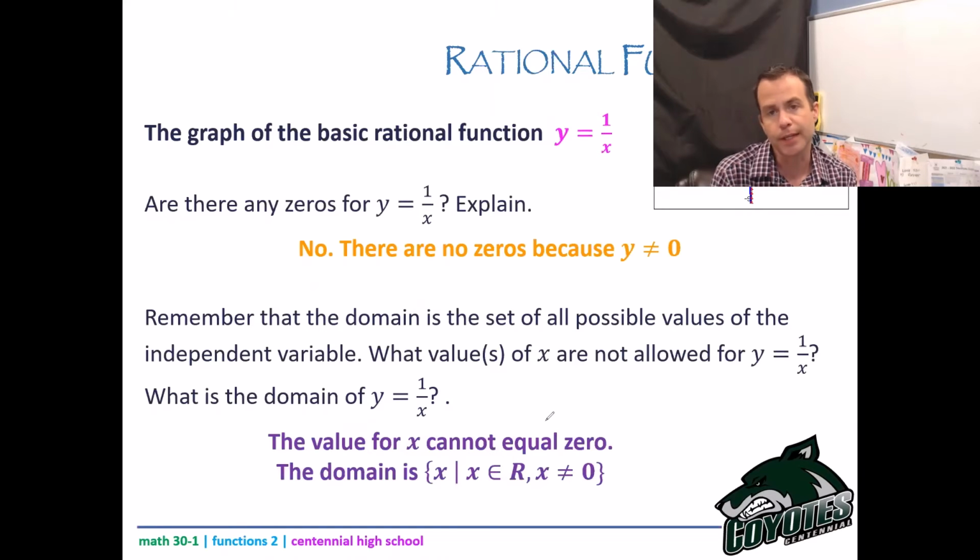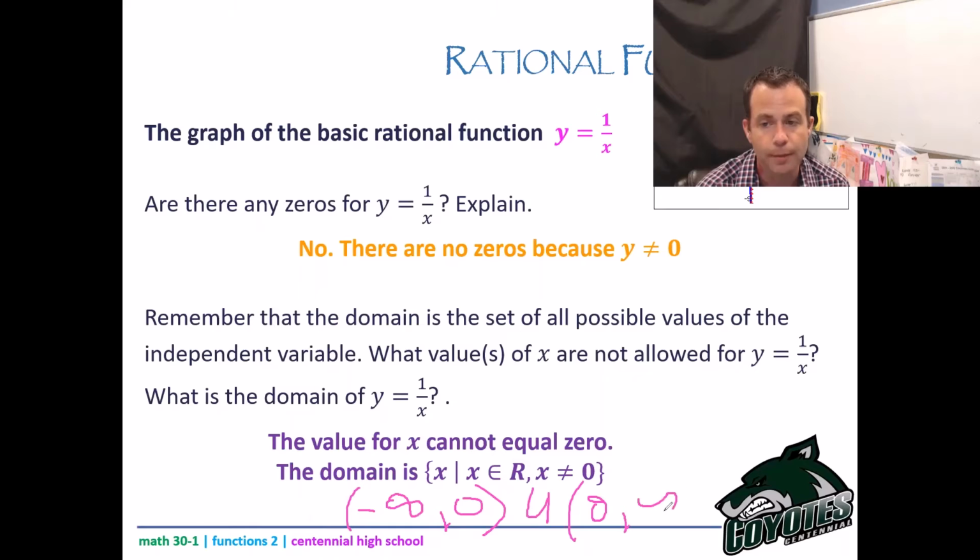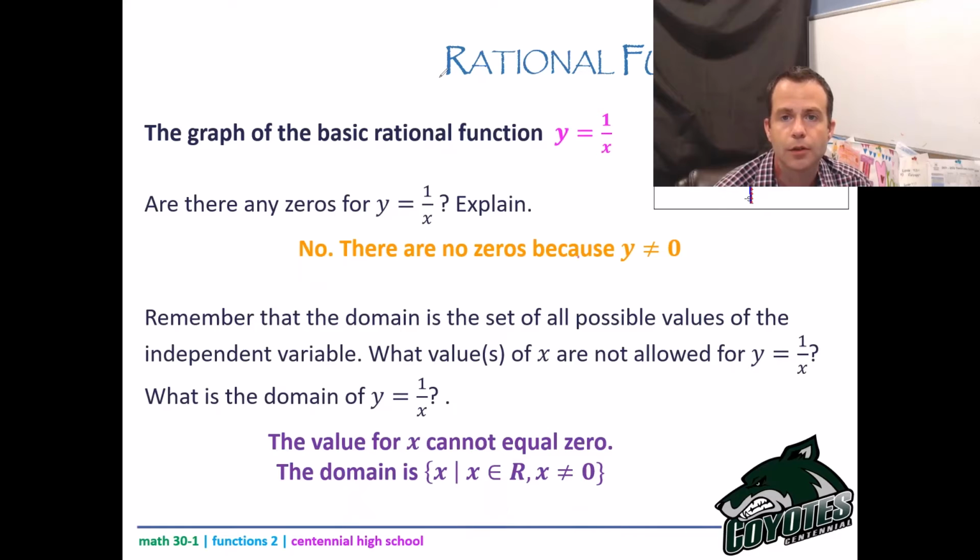So for those of you wondering how I would do this in interval notation, I would go curved bracket, negative infinity to 0, and then in union with 0 to infinity. All my brackets are curved there because I can't be infinity and I can't be 0. Okay. All right. Cool.